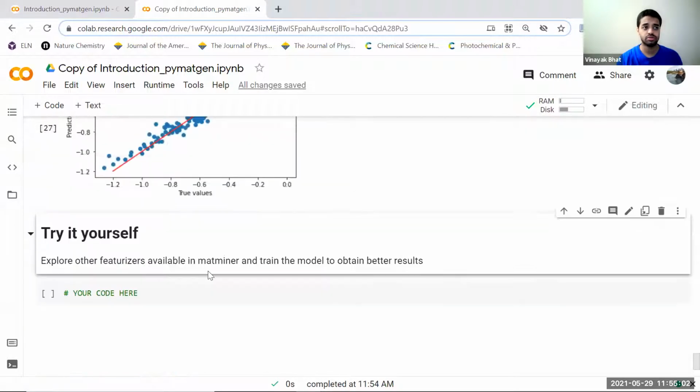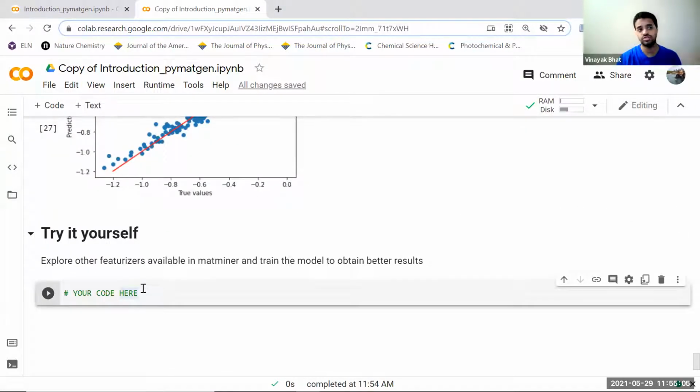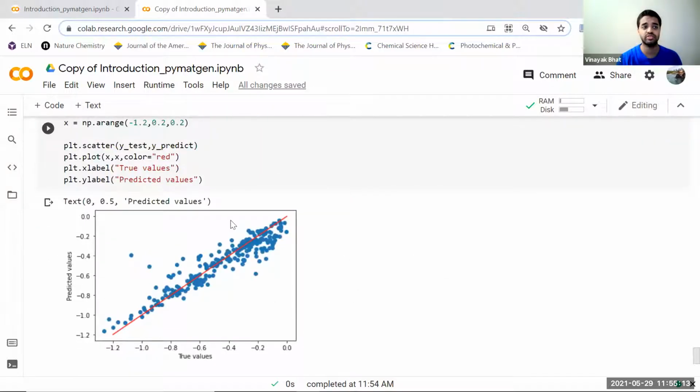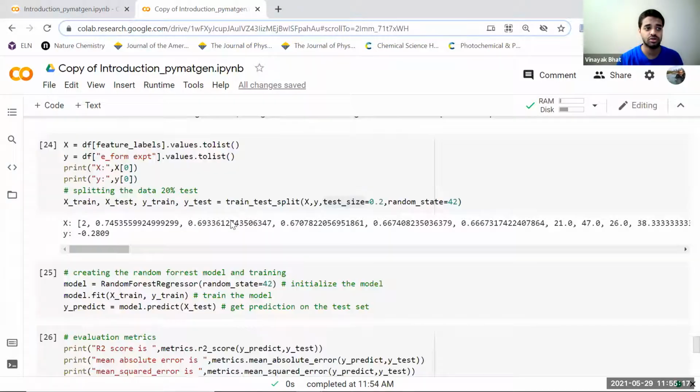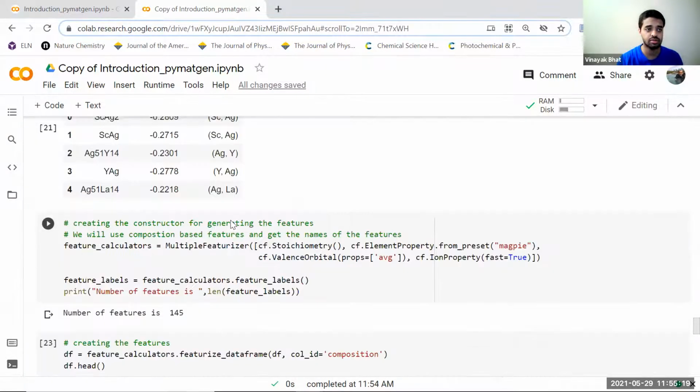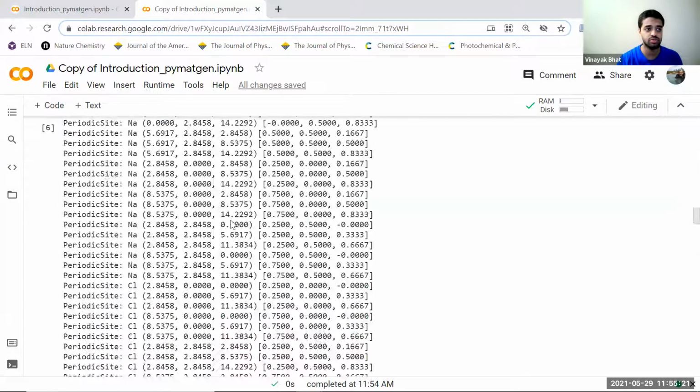So to do it yourself, you can try to explore other models that are present in Matminer and train some models yourself to get a better result than what we have. You can even go to scikit-learn. Let me show you what it is.